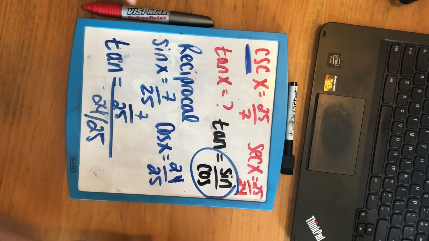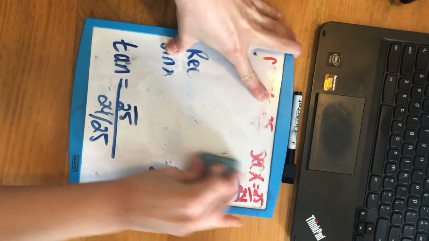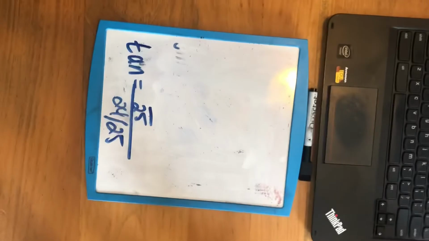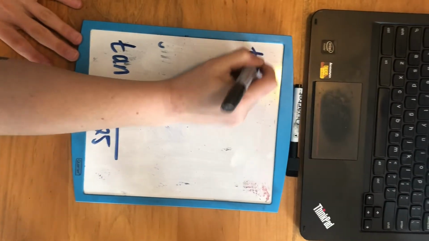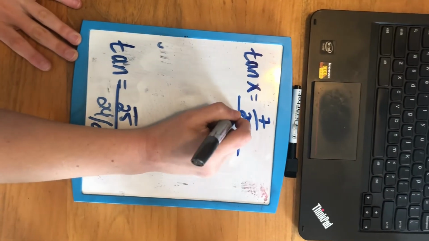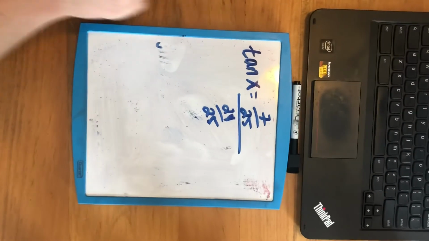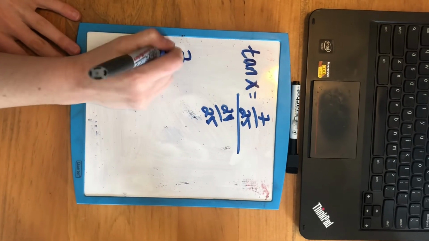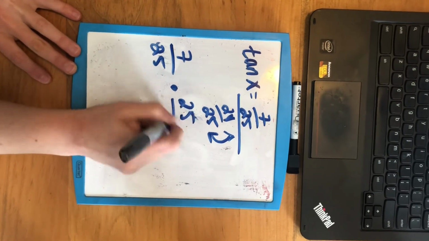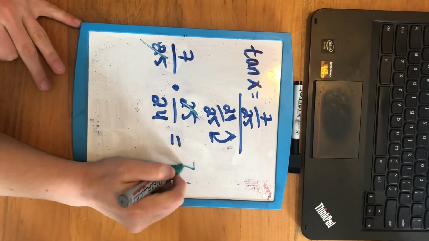Okay, well now we just have to do a little bit of dividing fractions. So we have tangent of x equal to 7 over 25 all over 24/25. Well, when we're dividing fractions, it's really 7/25, we can multiply by the flip of that, 25 over 24. The 25s cancel, and we're left with 7 over 24.